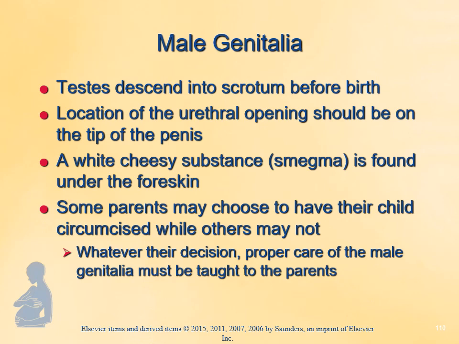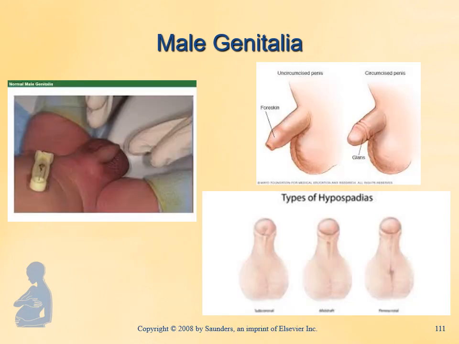So babies are born uncircumcised, and then it's up to the parents whether or not they want their baby boys to be circumcised. We'll talk about that in just a second here. So this is normal male genitalia, and then you can see the picture of the uncircumcised versus the circumcised penis.